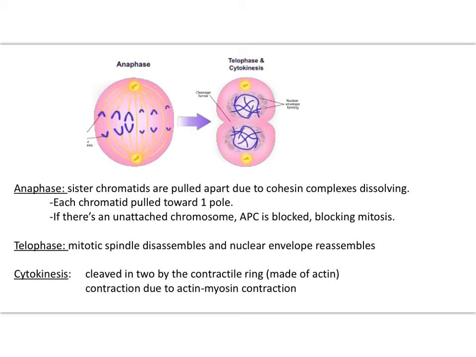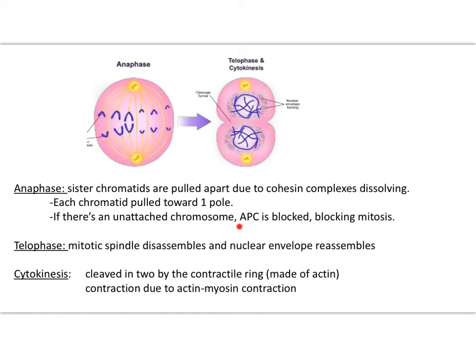So here we see anaphase, when the sister chromatids are pulled apart. This is due to the cohesin complexes dissolving, and basically that means that each chromatid from the sister chromatid pair is pulled towards one pole. Just FYI, this is my favorite phase. And it's when the chromosomes are this little V-shaped material.